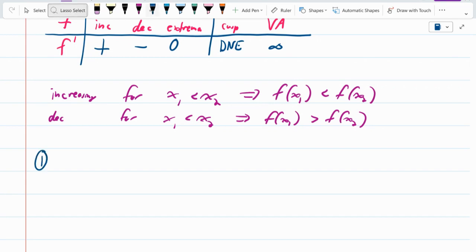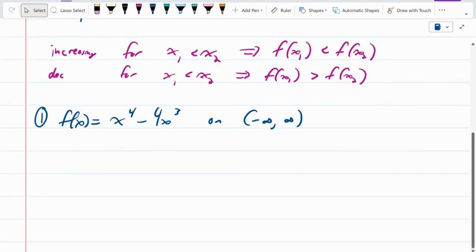So one example would be, let's start with f of x is equal to x to the fourth minus 4x cubed. And we're going to do this on the open interval, negative infinity to infinity. So our analysis of this now looks at what f prime is saying. F prime of x is the function 4x cubed minus 12x squared.